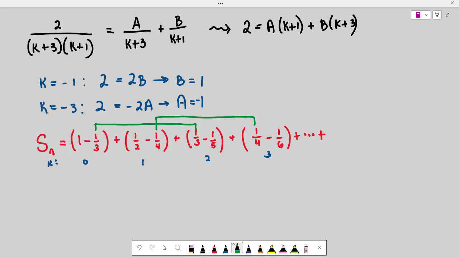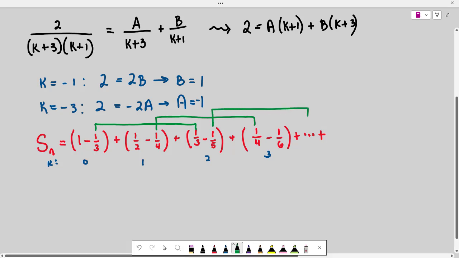Going left to right, second parts are vanishing. The only parts that remain uncanceled will be these two first parts. So those are going to stick around.